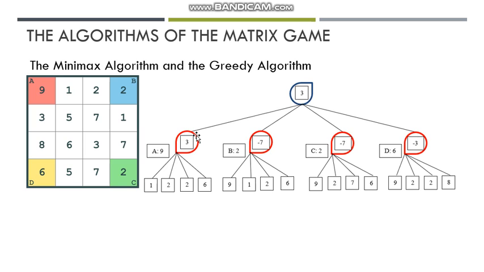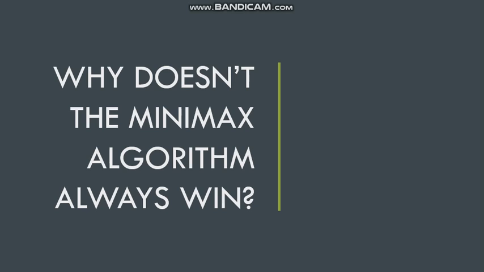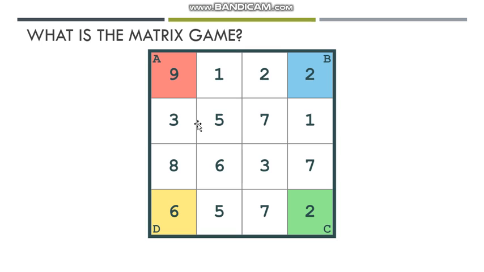So you may be thinking, if the Minimax algorithm is picking the best move every single turn, why doesn't it always win? And there are a couple reasons for this. One is that the game is very luck-based, with 10 different, is it 10? I think it's 10. 1, 2, 3, 4, 5, 6, 7, 8, 9. No, it's 9, sorry.